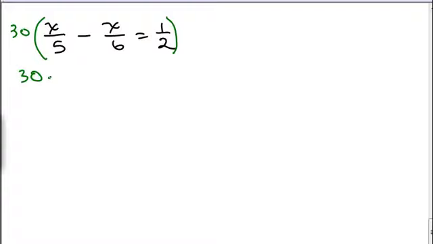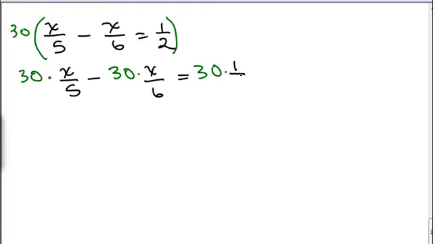So I have 30 times the x over 5 minus the 30 times the x over 6 equals the 30 times the 1/2. And then we cancel. The whole idea is if it doesn't cancel, you must not have picked a common denominator. Denominator means something this number goes into.